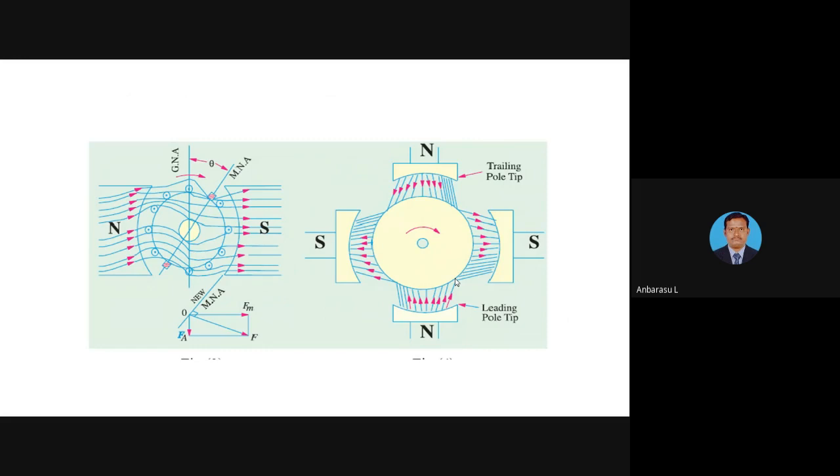In the third one, both fluxes are there, which means there is an interaction between the main flux and the armature flux. Here there is a cross magnetization effect, a distortion effect. It weakens the main flux and distorts the main flux. That is the two effects of armature reaction.